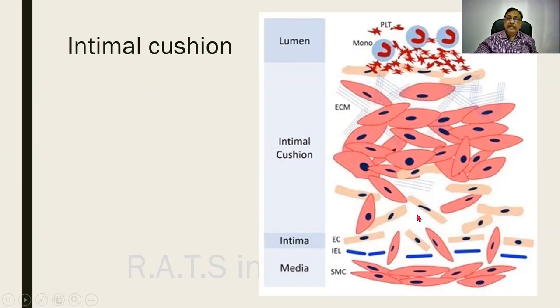But then there is a proliferation of the smooth muscle cells, and it goes into the intima, and it forms a cushion-like structure called the intimal cushion. It is usually found at the sites of bifurcation of the major arteries. Where there is an arterial fork, you will be able to find the intimal cushion. So this is the second most important lesion.